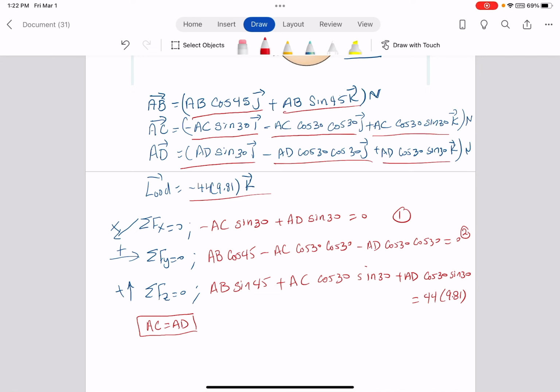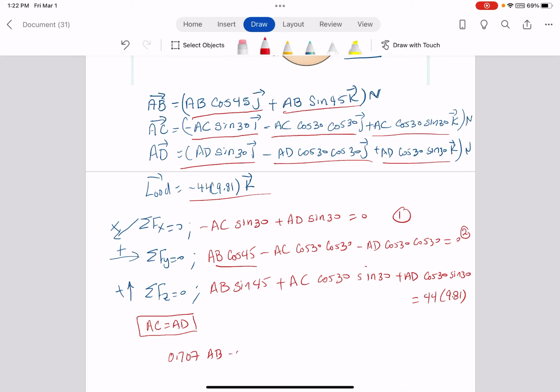Okay, so let's go to the calculator. What is cosine 45? It is 0.707, but let me check it. So 0.707 AB. What is cosine 30? It is 0.866 times cosine 30, and that is 0.75.